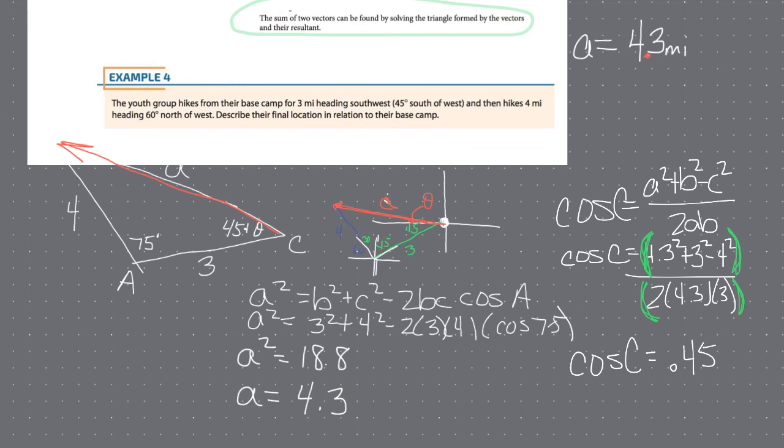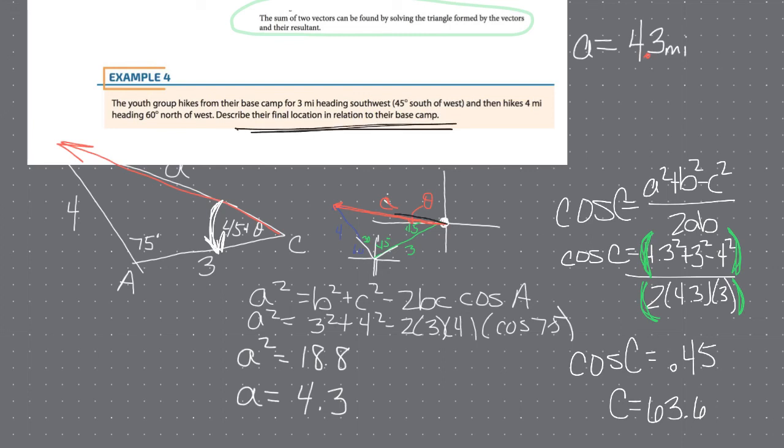And now to solve for C, I need to do the inverse cosine of that answer. And that gets me C is equal to 63.5 or 63.6. Now that's that entire angle C, this entire angle here. Well, we're just looking for theta because the question asks what is the location in relation to their base camp.